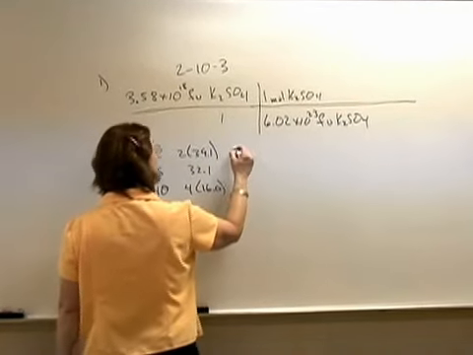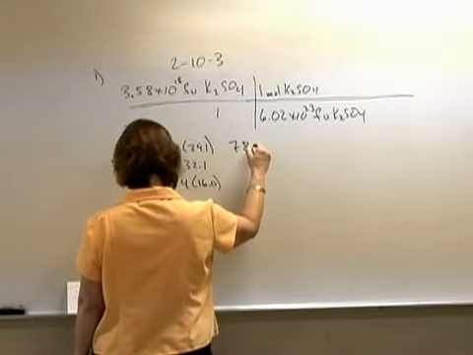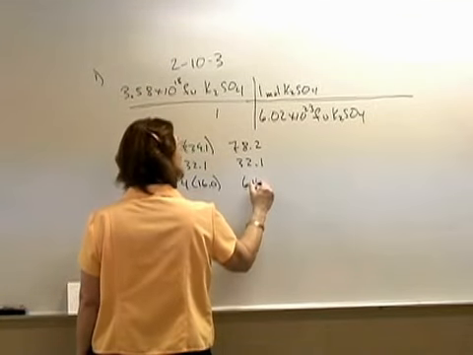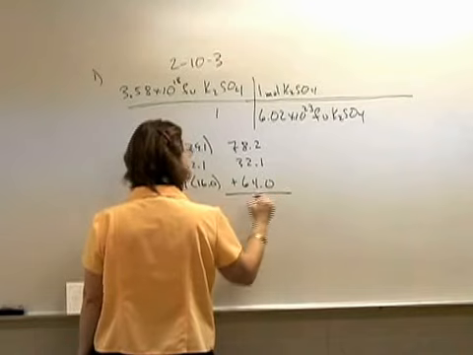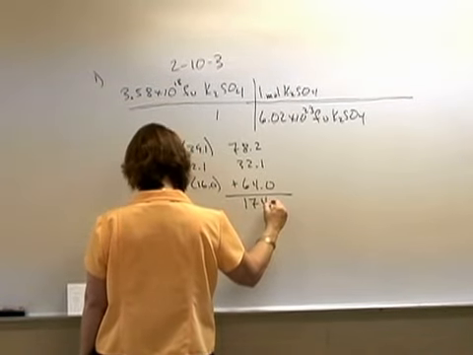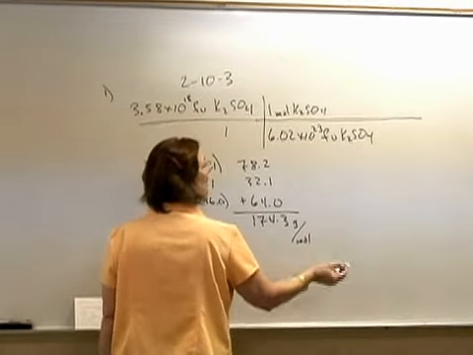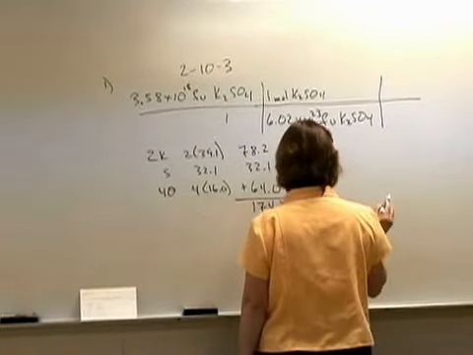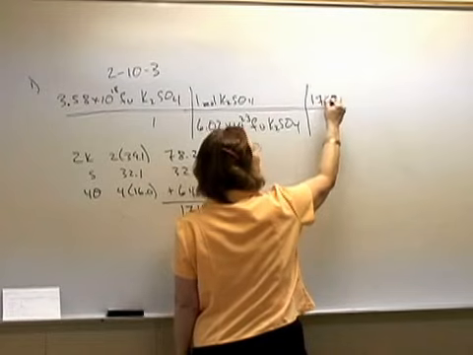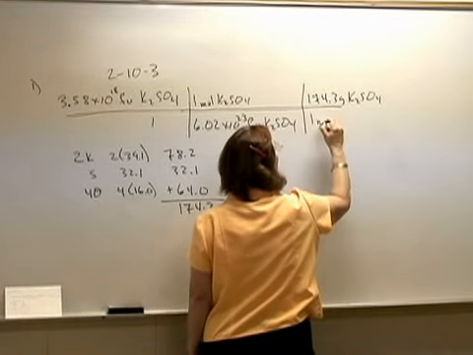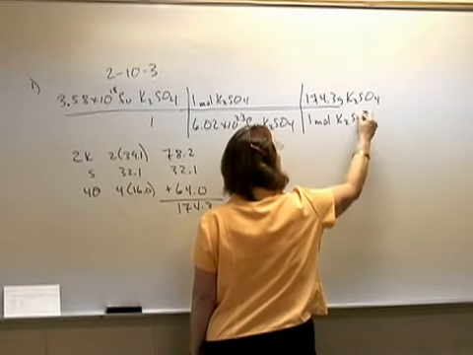Therefore, I write them again: 78.2, 32.1, and 64.0. When I add them up, I get 174.3 grams per mole. And because I'm looking for mass, it goes in the top. 174.3 grams of potassium sulfate is 1 mole of potassium sulfate.